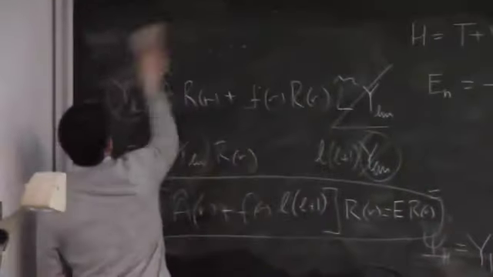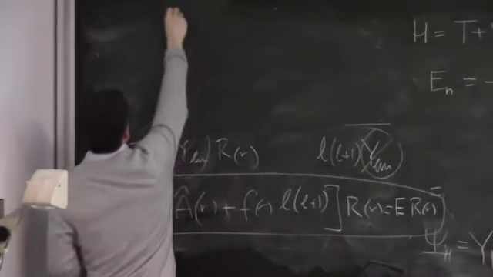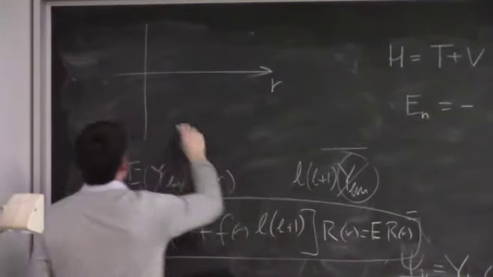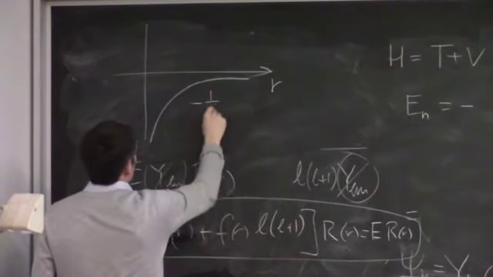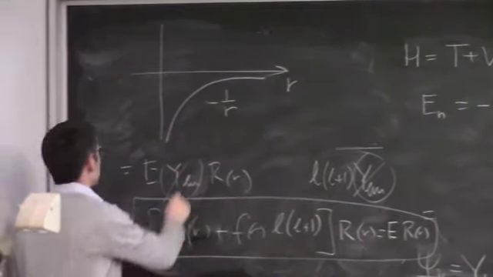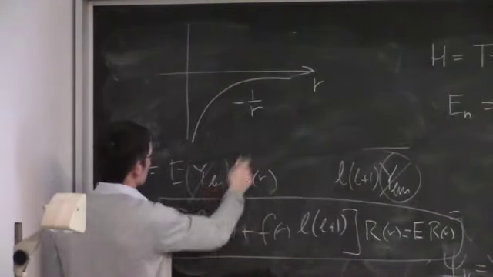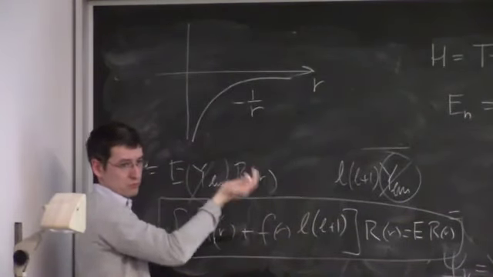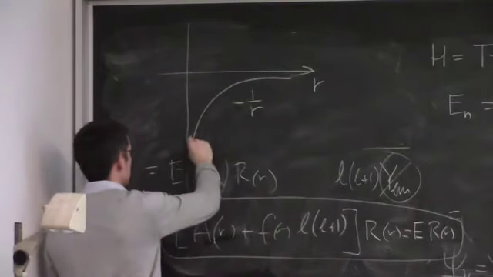So the graphical representation will be like this. We have the radial coordinate. This is the potential, minus 1 over r, for the hydrogen atom. And it goes to minus infinity, because when r approaches 0, 1 over r goes to infinity, and there's a minus sign, so it goes to minus infinity.